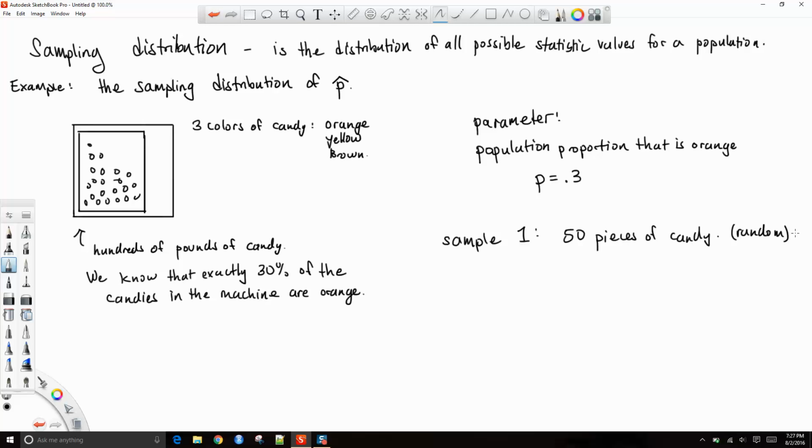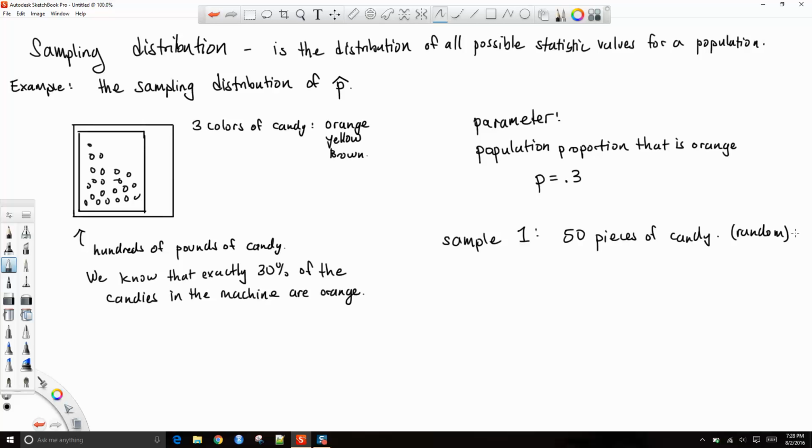What percentage of the candies in the scoop are going to be orange? We're expecting around 30% to be orange. So if 30% of the candies in a scoop of 50 are orange, then we would expect 15 of these pieces to be orange.